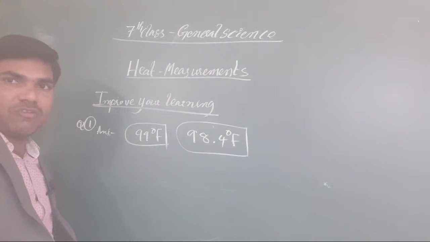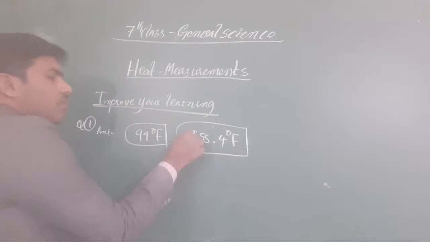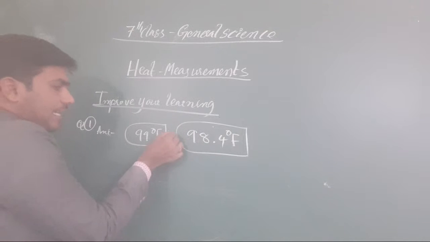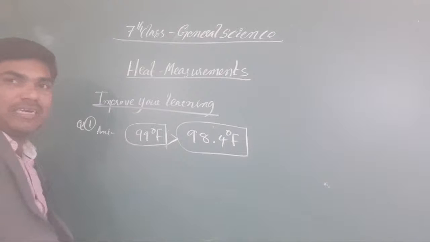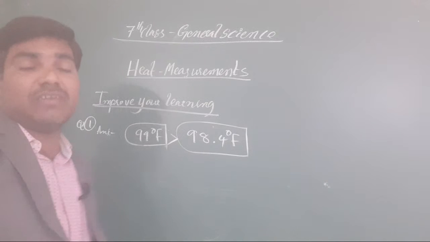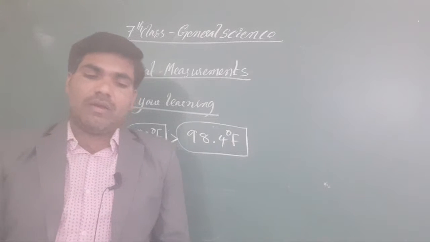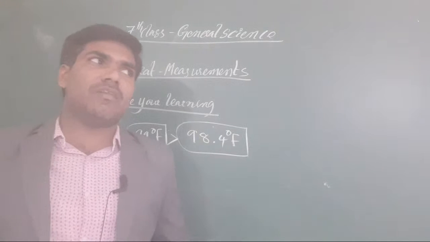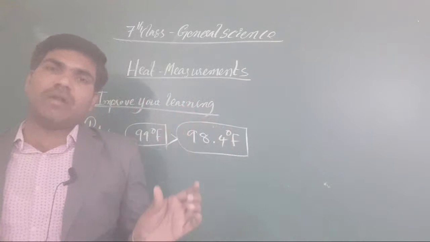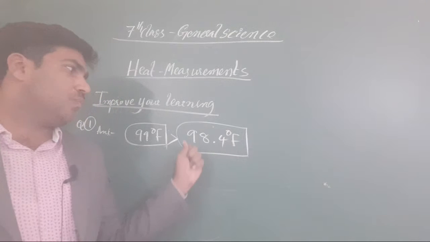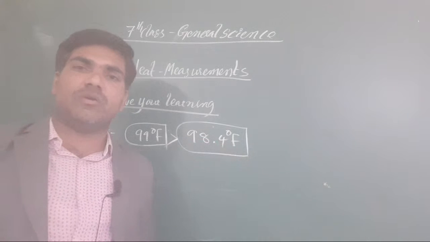Got it or not, all the students? Now, when it is greater than this, that's why we call it fever. What you have to write: the human body normal temperature is 98.4 degrees Fahrenheit only.